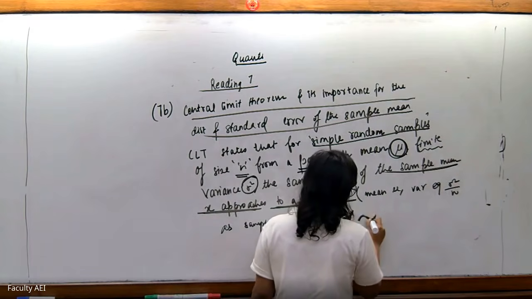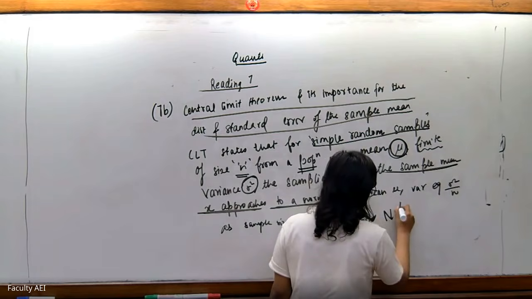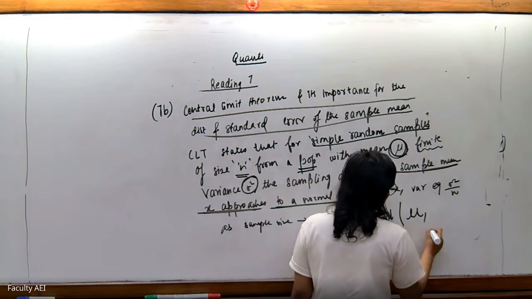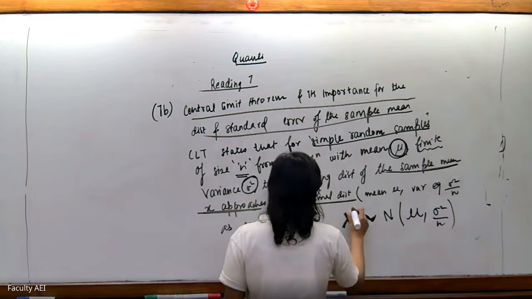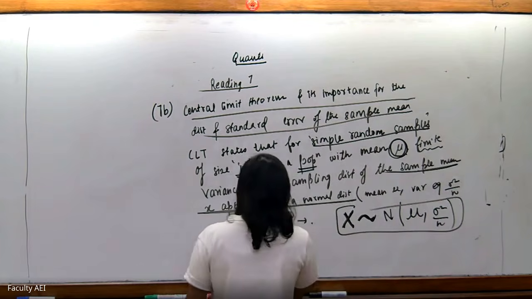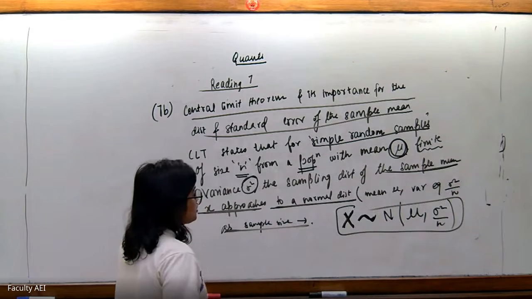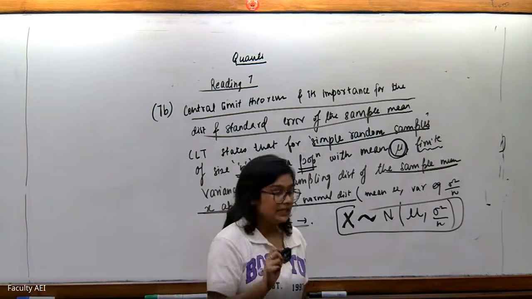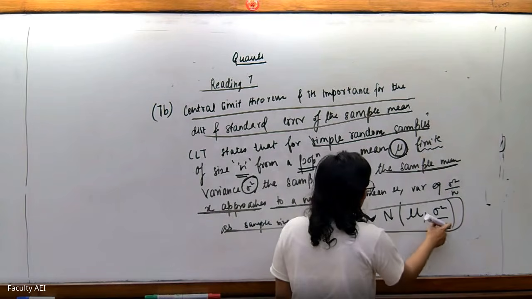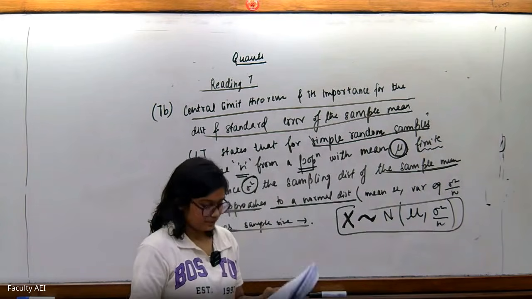Your sample mean will follow a normal distribution with mean mu and variance sigma square by n as your sample size increases. So if your sample size keeps on increasing, then your sample mean will follow normal mu comma sigma square by n.